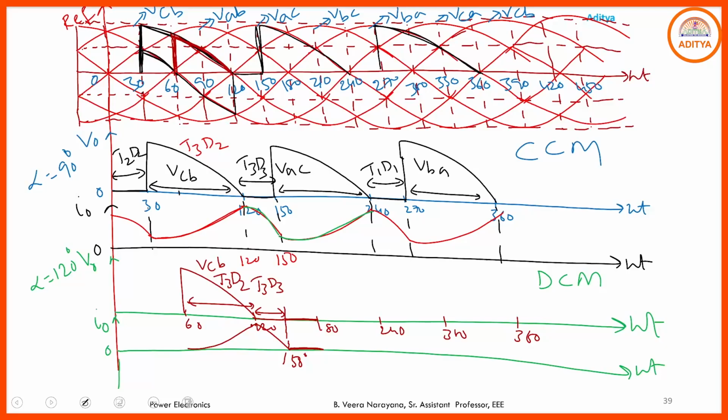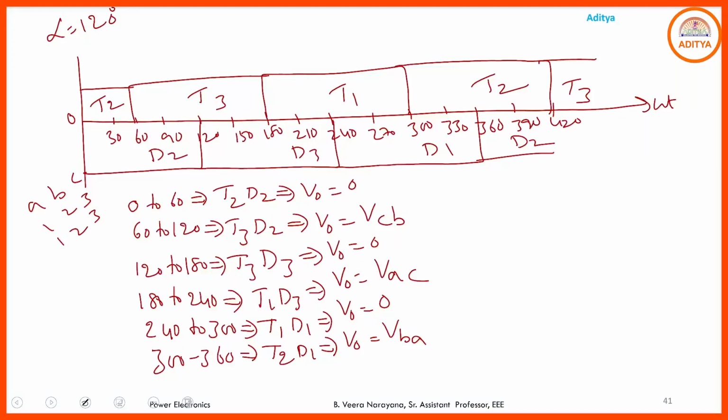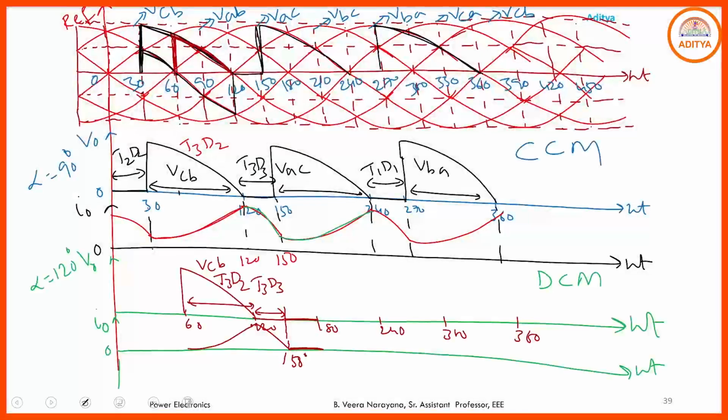Again from 180 to 240, T1 D3. T1 D3 means VAC. Where is the VAC line? Go through that VAC line from 180 to 240. This pulse is available across the load. So from 180 to 240 we have the output voltage.